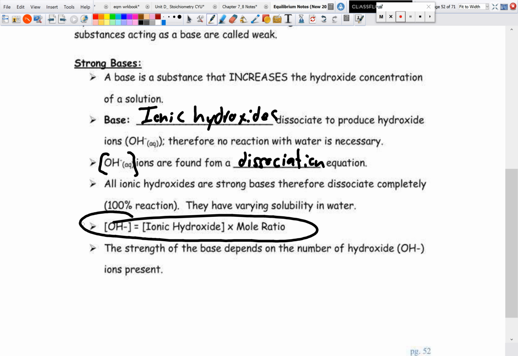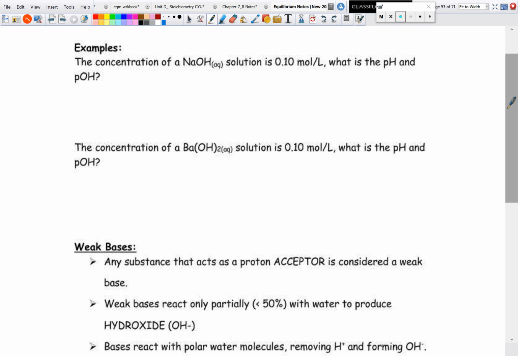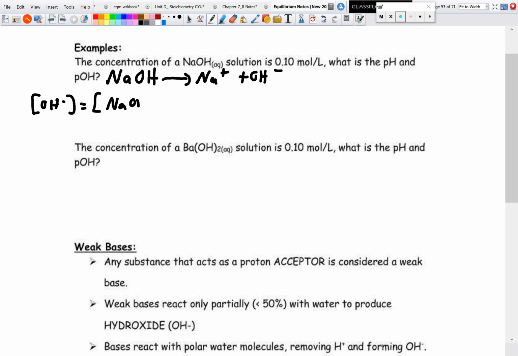And then, of course, even for Chem 20, this is what we really focused on. For example, we have two examples here, the sodium hydroxide solution and the barium hydroxide solution, where first you needed to write out your dissociation equation. Then remember, the concentration of hydroxide was equal to the concentration of the base times our mole ratio.